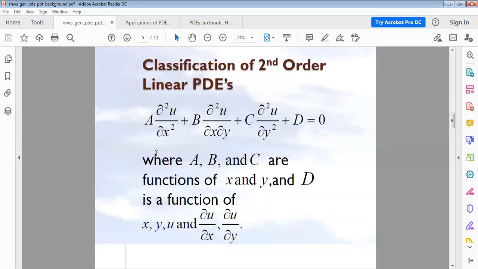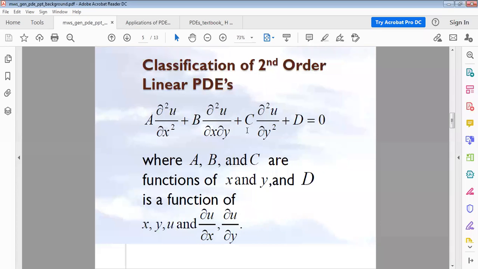So, classification of second order linear partial differential equations. This is important for you. Suppose the second order linear partial differential equation, this is the standard form.